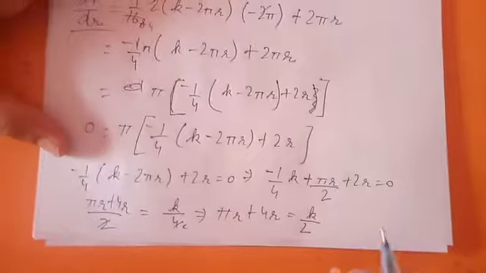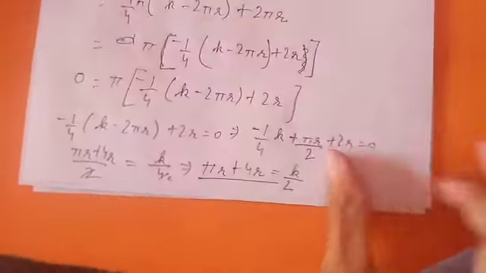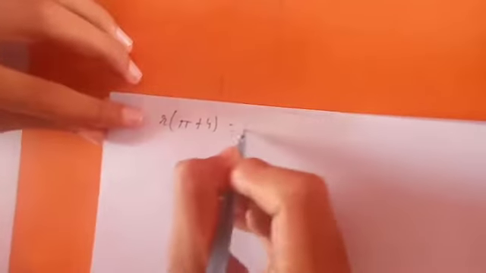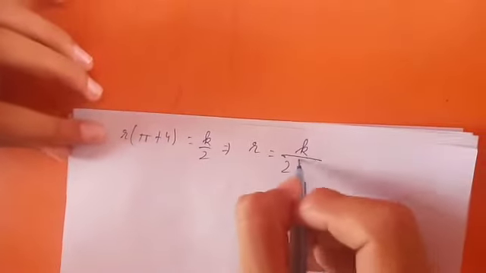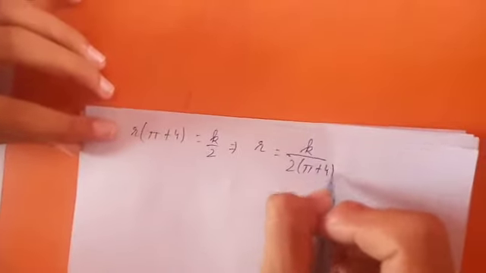Now I can take r common from here. So r times (pi plus 4) equal to k by 2. That means the value of r is k by 2 into (pi plus 4).